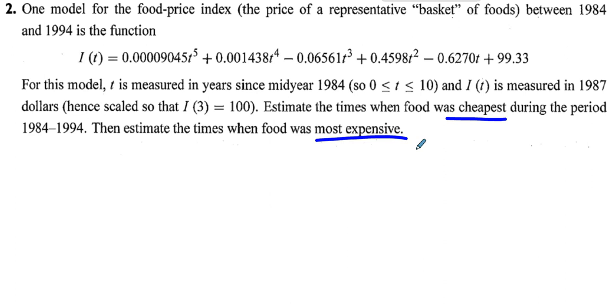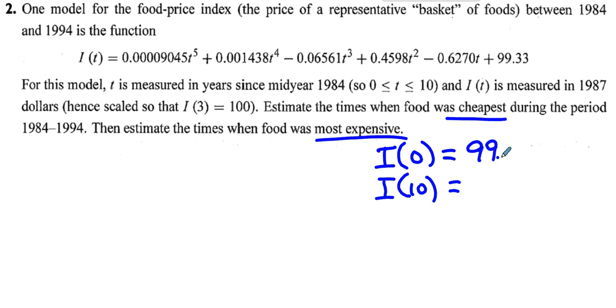So if there's going to be a min and a max on the interval, it's going to happen either at 0 or at 10 or at some critical point in between 0 and 10. It turns out you can find out just by substituting that at 0 the function value is 99.33 and at 10 the function value is 96.855.